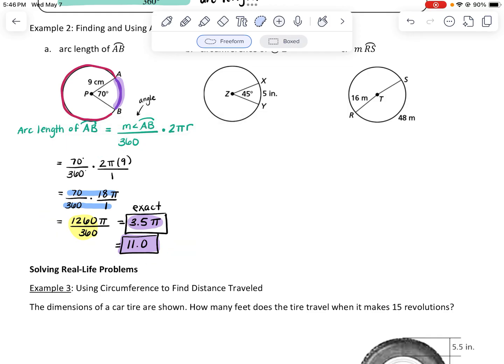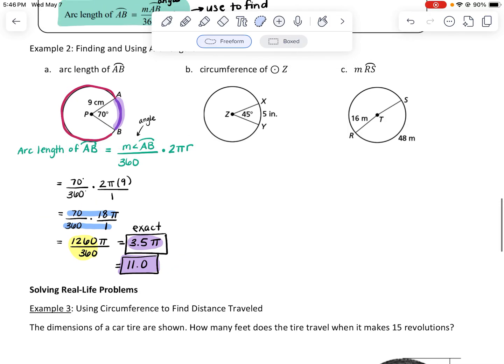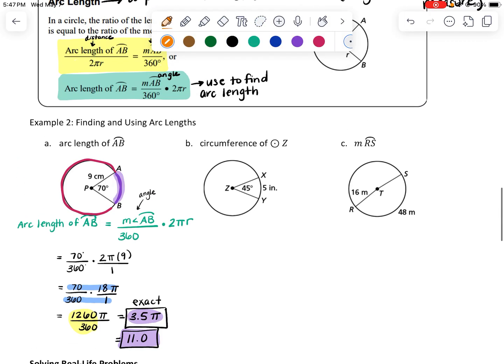Okay, so looking at the next one, I'm looking to find the circumference, the whole thing, the circumference of this circle. So that's how I'm gonna use the top one. So the top equation, I'm going to actually write it in orange though.